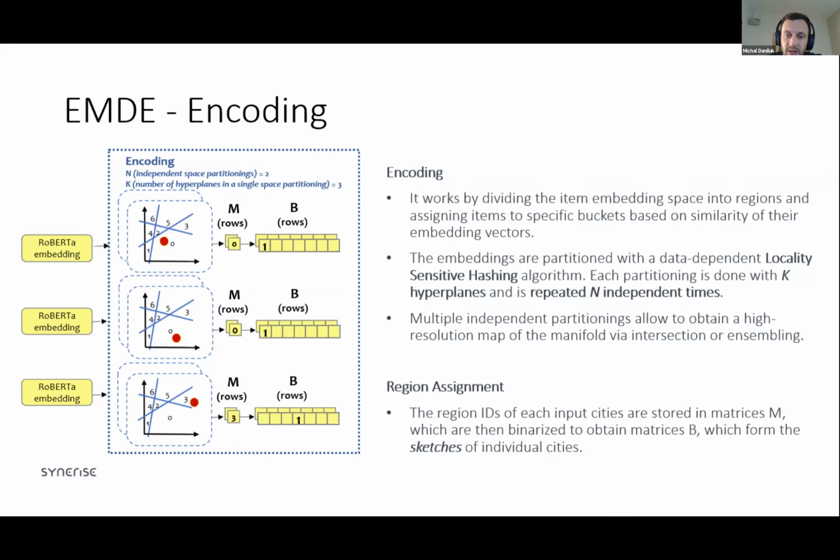And each partitioning is done with k hyperplanes, and it is repeated n independent times. The region IDs of each input publication are stored in matrices M, which are then binarized to obtain matrices B, which form the sketches of individual papers. So to sum up, each paper is represented as one hot encoded vector, which we called sketch.